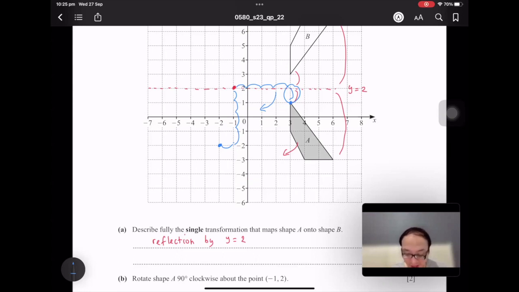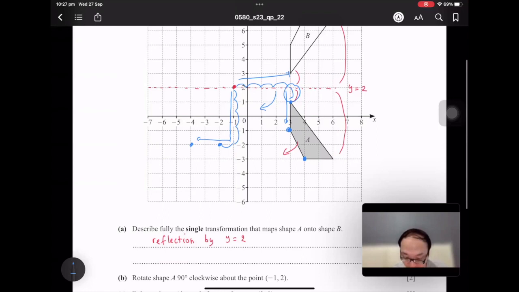And for this one, it will be 4 and 3. So this one. For this one, it will be 5 and 5.